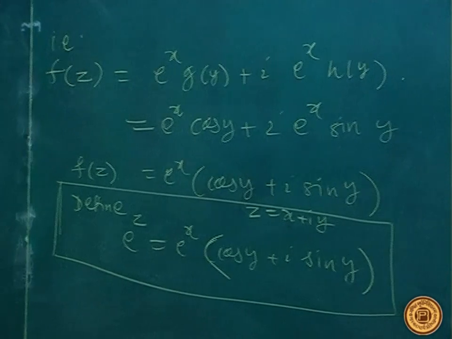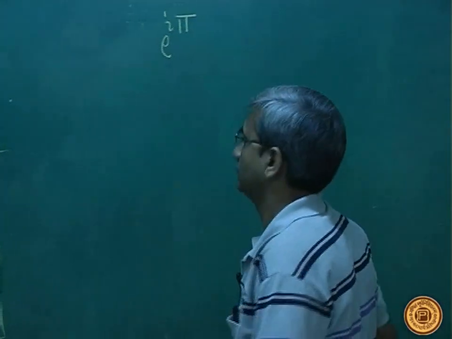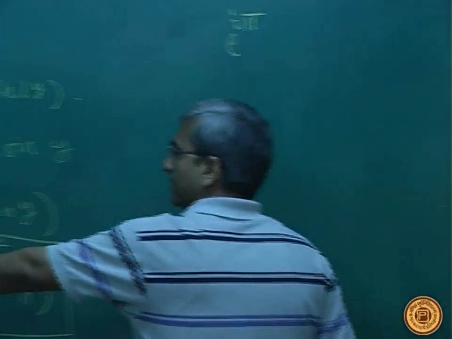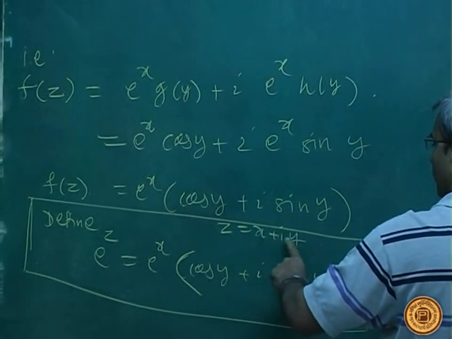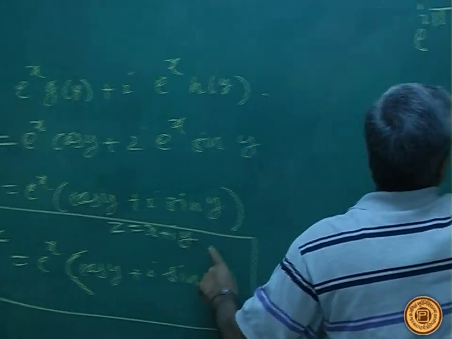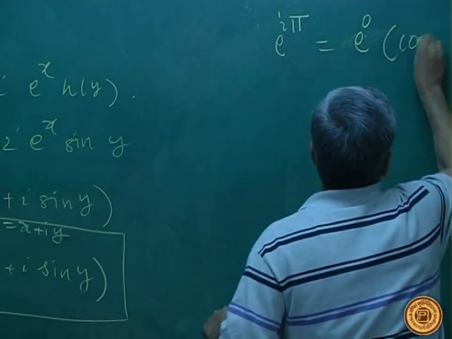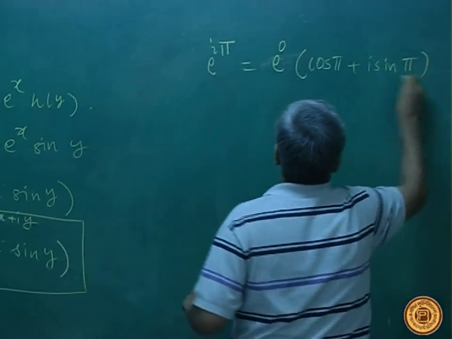So maybe e^(iπ). Compare with this z. So what is x? x is 0. y is π. So let me write e^0 (cos π + i sin π).